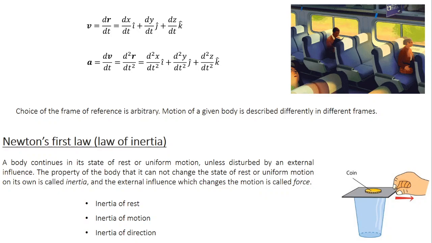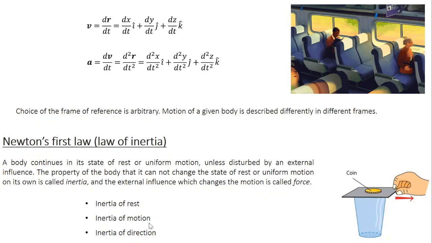You tend to fall backward. What's the reason? The inertia of rest is coming into picture here. When the bus starts moving, the lower part of your body, which is in contact with the bus, starts moving in the forward direction, but the upper part continues to be in a state of rest. As a result, you tend to fall backward.